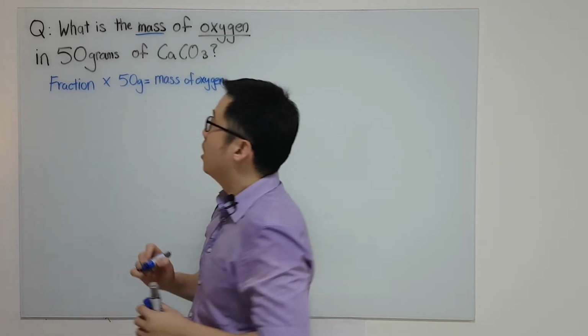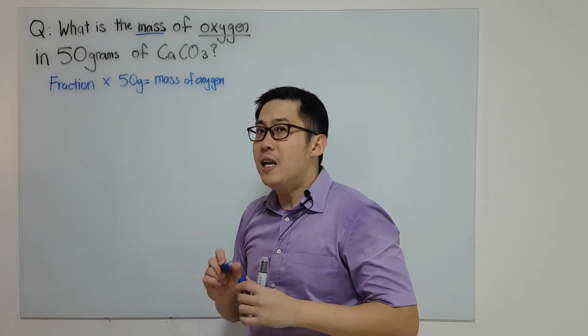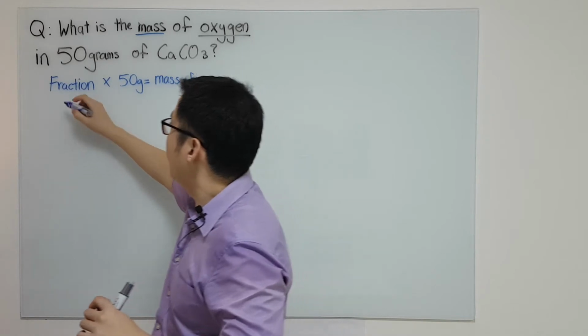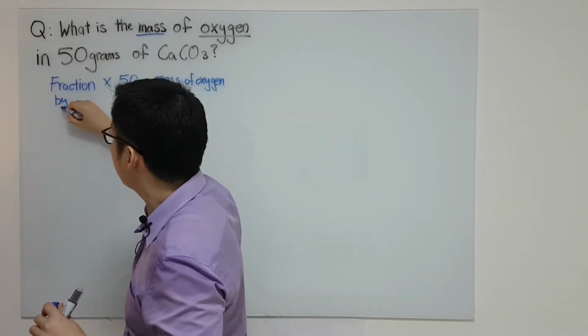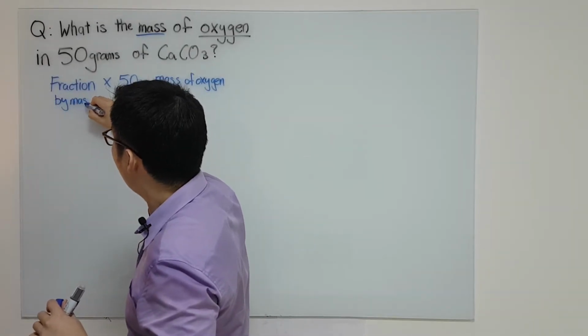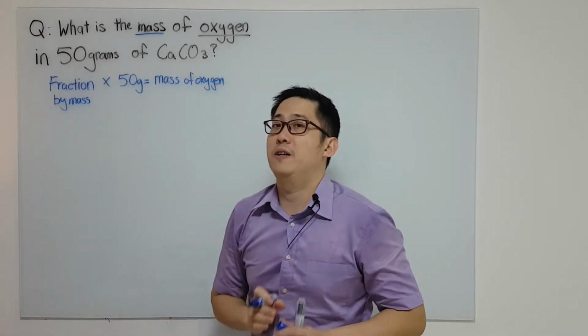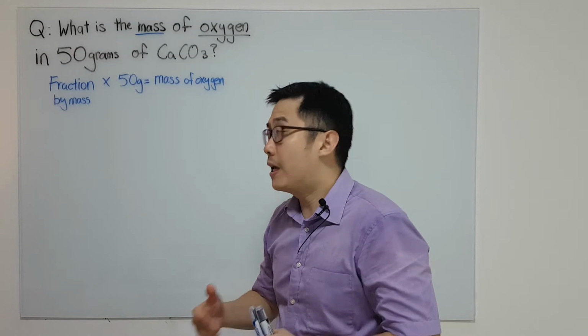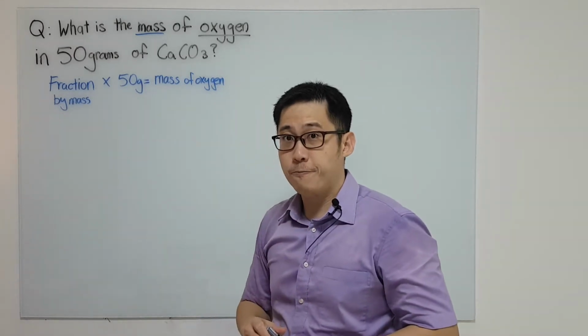For the purpose of this lesson, let's temporarily call this fraction the fraction by mass. Now, students, how then can we get this fraction?